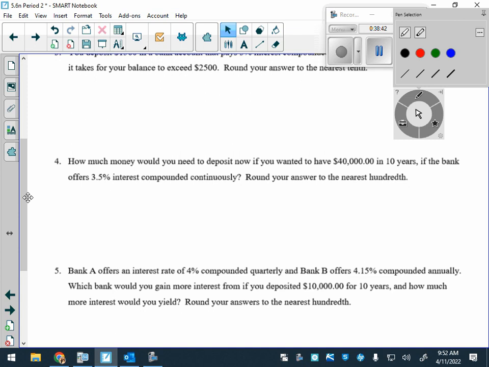So, first thing, what formula are we using? Compound interest or compounded continuously? Continuously, good. So we are using the Pert formula.